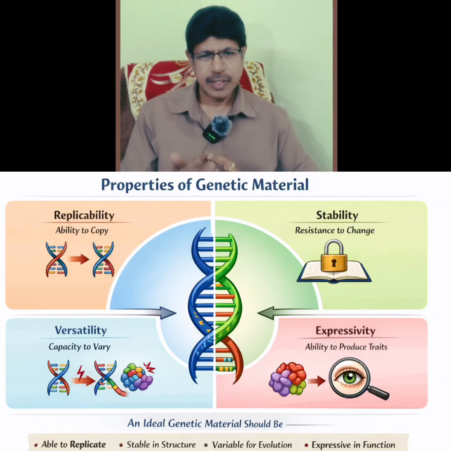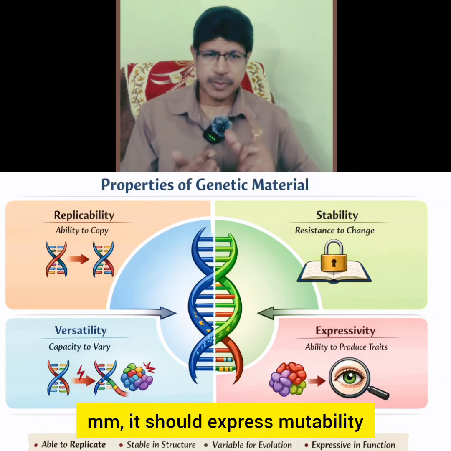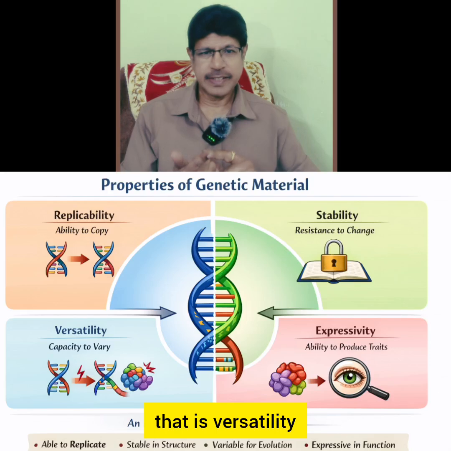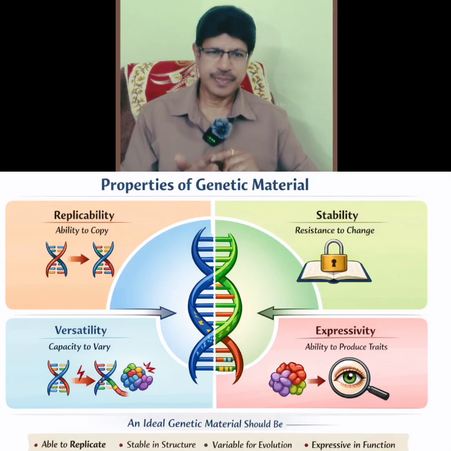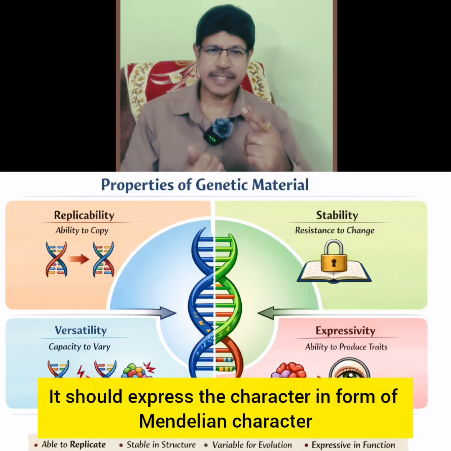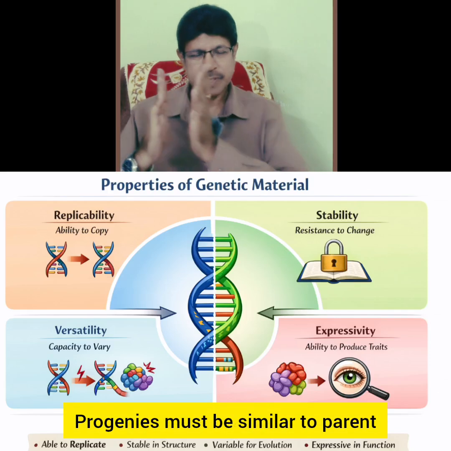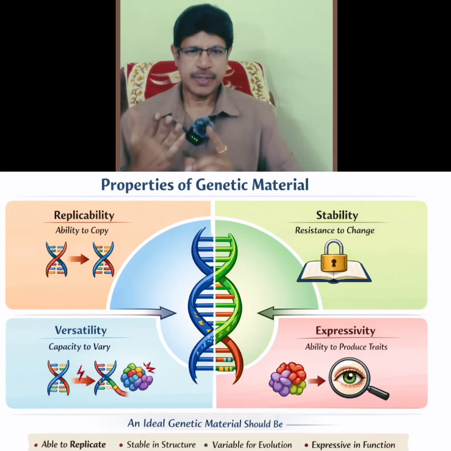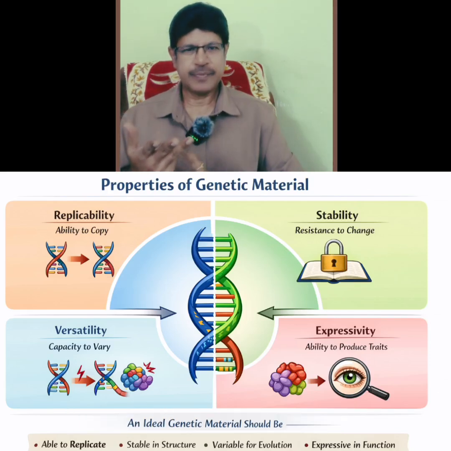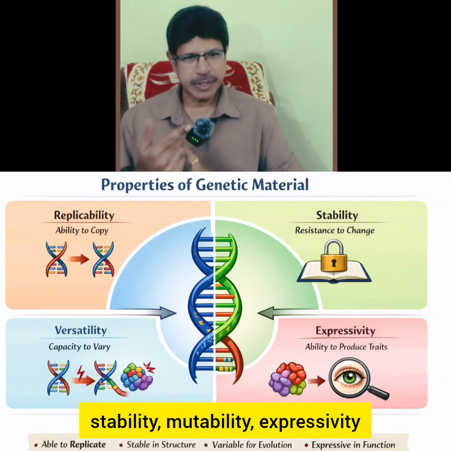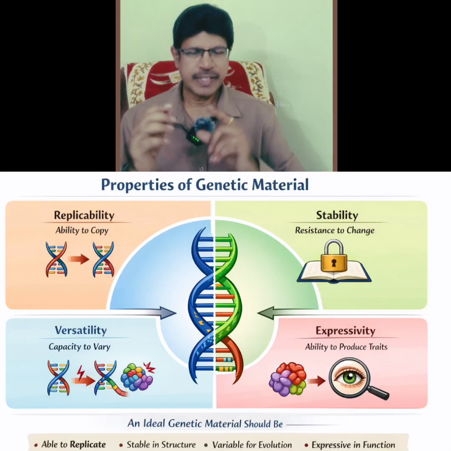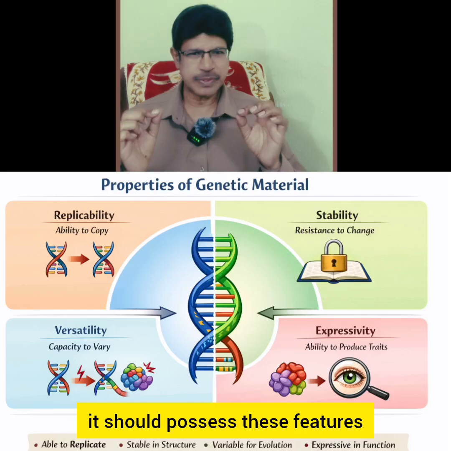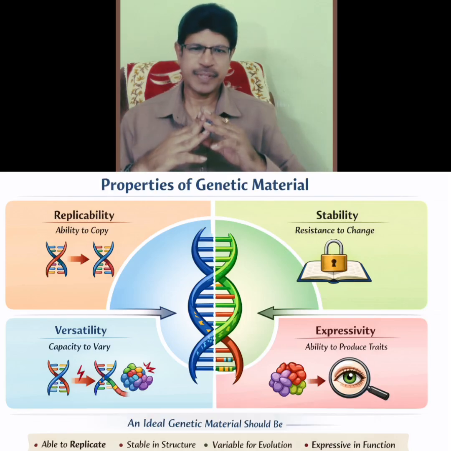Third, it should express mutability, that is versatility, allowing for slow changes. Fourth, expressivity: it should express the character in the form of Mendelian characters, and progenies must be similar to parents. So replicability, stability, mutability, expressivity: any genetic material should possess these features.